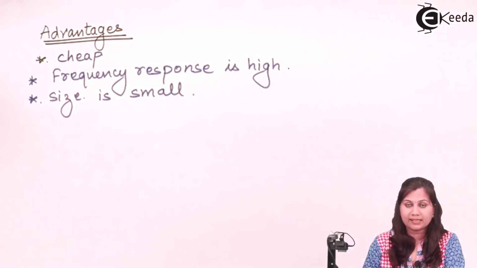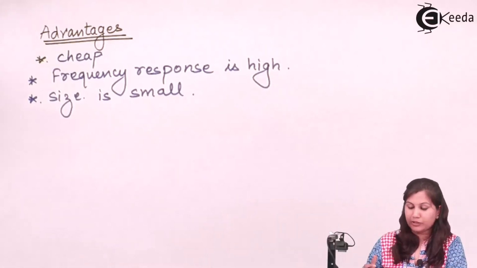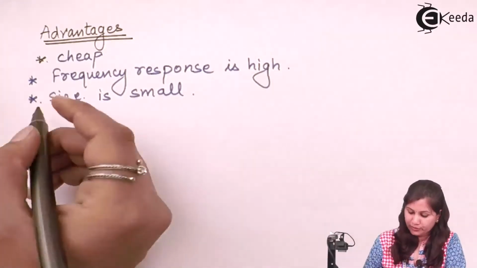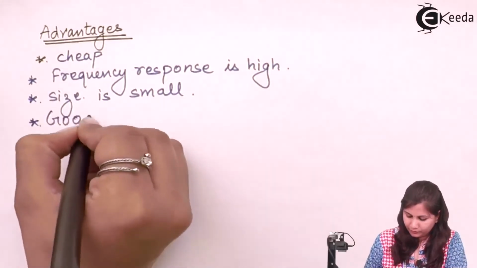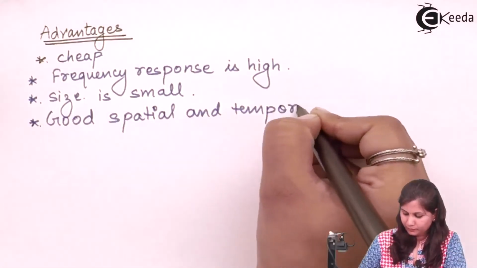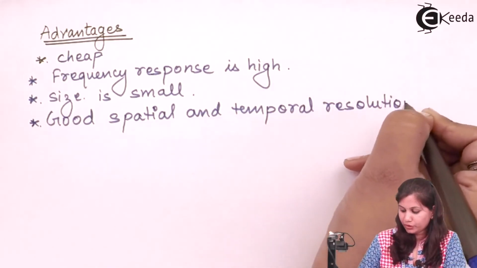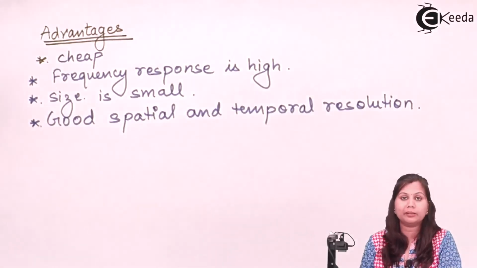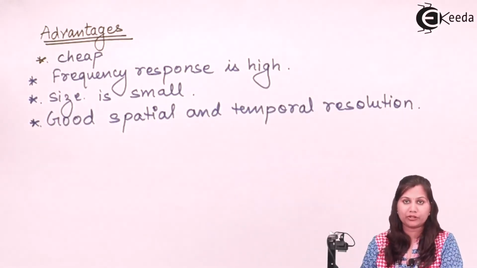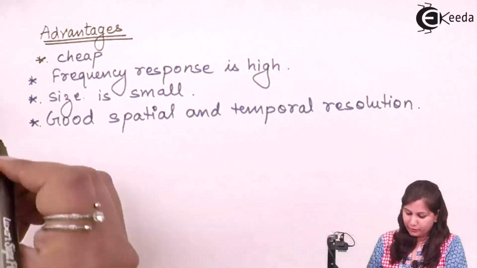Also their size is small, so measurement is very fast. Measurement volume is also reduced. Good spatial and temporal resolution. Resolution means the minimum amount of flow rate that can be measured by it. So it has good spatial and temporal resolution.